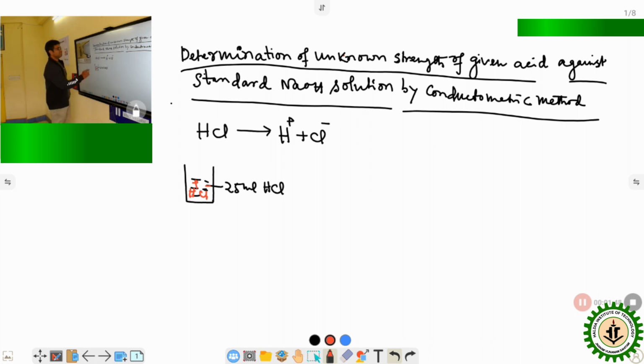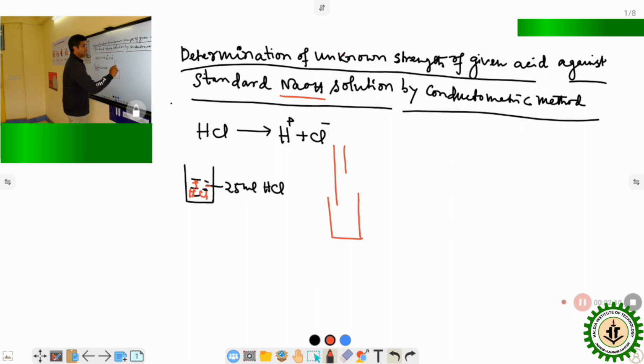Now, when this acid solution is treated against standard sodium hydroxide solution, the sodium hydroxide will be added from the burette. Since it is a standard solution, its strength is known to us.